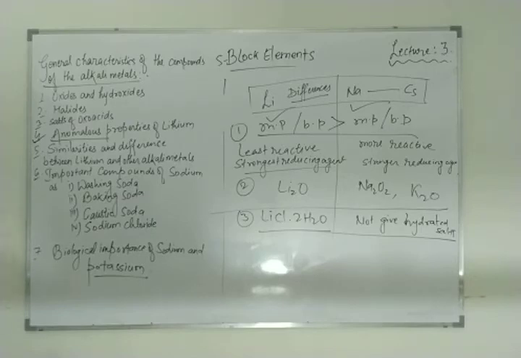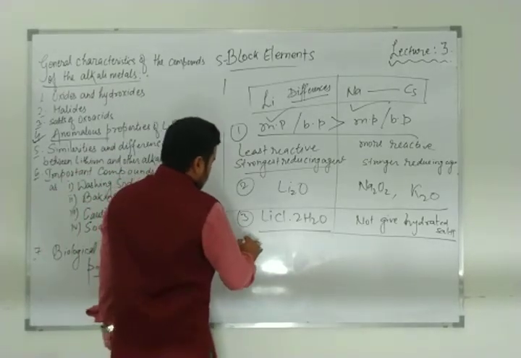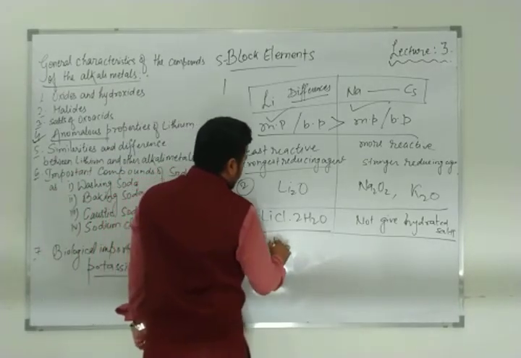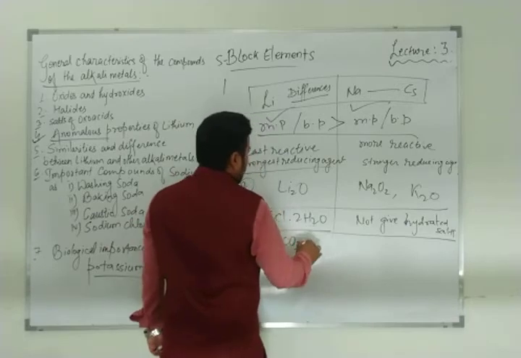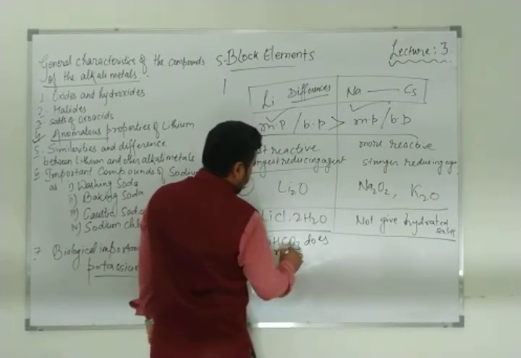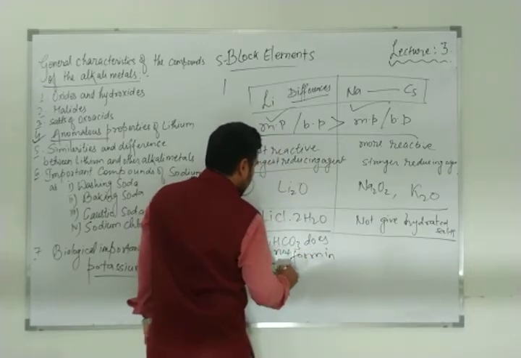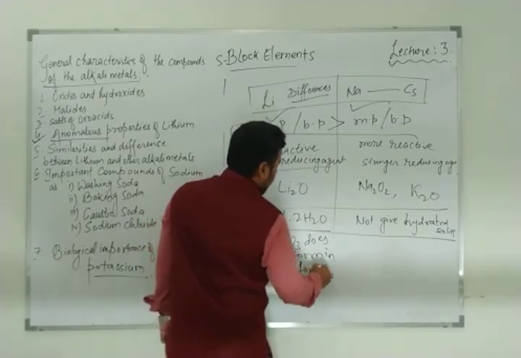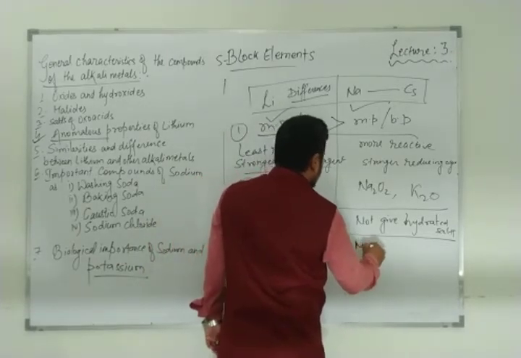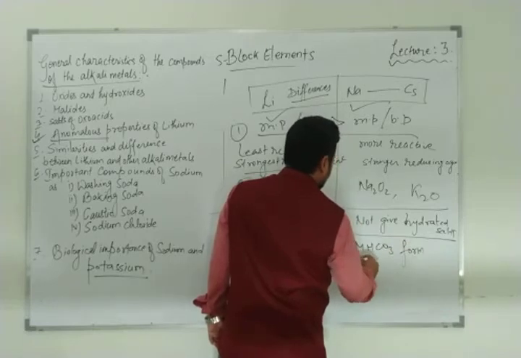Next, hydrogen carbonate is not obtained in solid form, means lithium hydrogen carbonate LiHCO3 does not form in the solid state, and all the rest of the alkali metals form MHCO3 in the solid state.